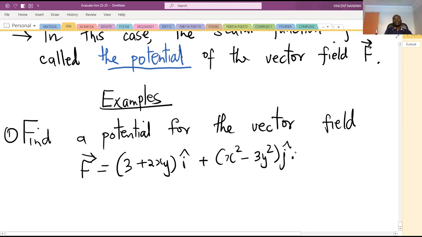So this is the question: to find a potential for this vector field, 3 plus 2xy i plus x squared minus 3y squared j.